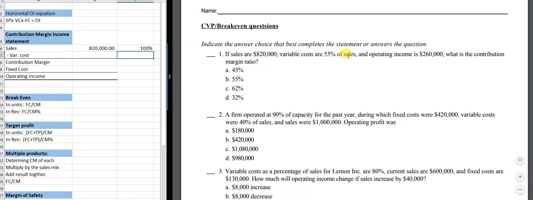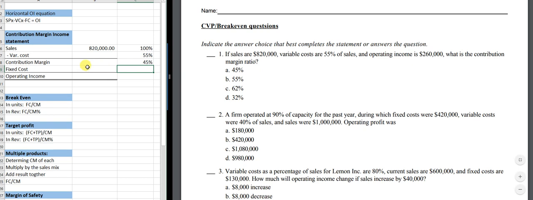So 55% of sales means it's basically a ratio to sales. I know that this is 55%, and I know that contribution margin, which is sales minus variable costs, is 45%. So my answer is 45%.